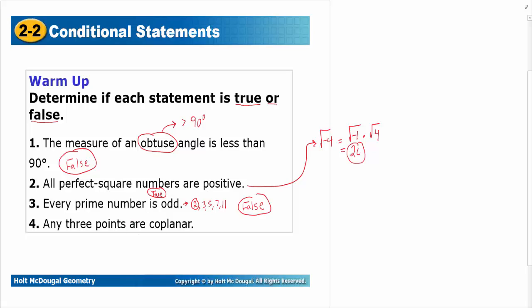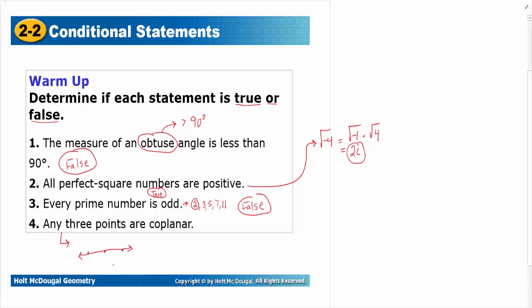Next up, any 3 points are coplanar. So in this one, again, I talked about this in the last lesson. If you have 3 points that lie on a line, those are called collinear. They are technically coplanar in the sense that they do lie on the same plane. You just couldn't label a plane using those 3 points, because to label a plane you need 3 points that are non-collinear.